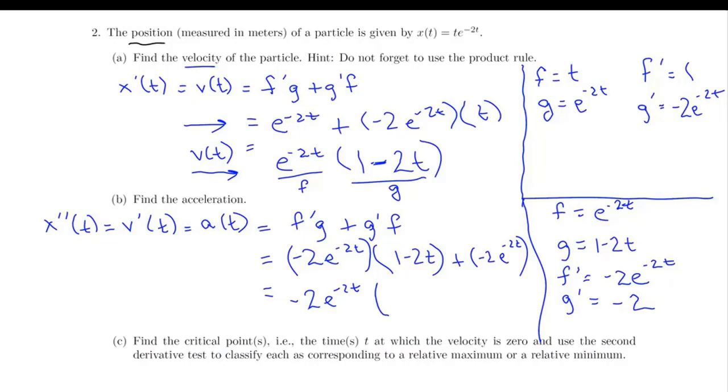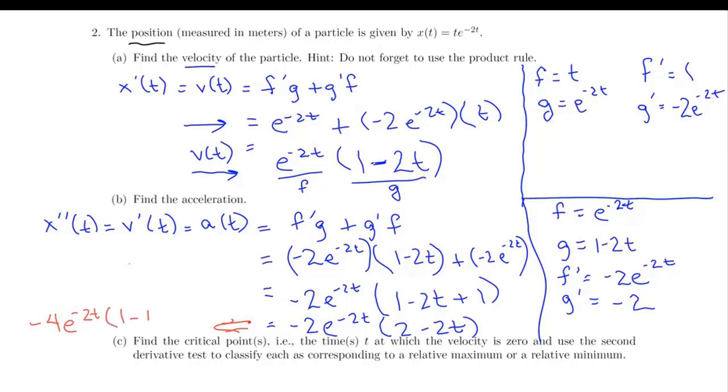If I factor it out of the first term, I get 1 minus 2t. And if I factor it out of the second term, I get 1. So this becomes minus 2 e to the minus 2t times 2 minus 2t. I can now factor out a 2. I have minus 4 e to the minus 2t times 1 minus t, because I factored a 2 out of here and multiplied it to the front.